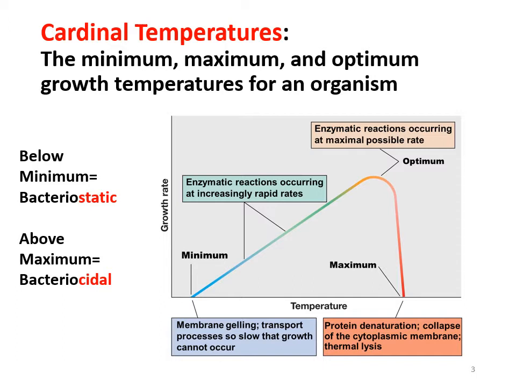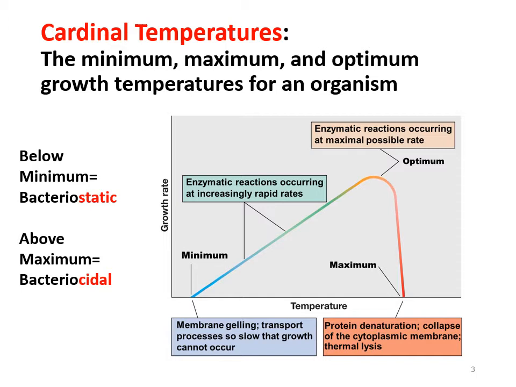When you are above your maximum cardinal temperature, you end up having issues with your biomolecules, particularly enzymes, that end up denaturing at high temperatures, meaning they unfold, they don't work properly. That's very problematic, and cells start to die, and ultimately the organism can die.